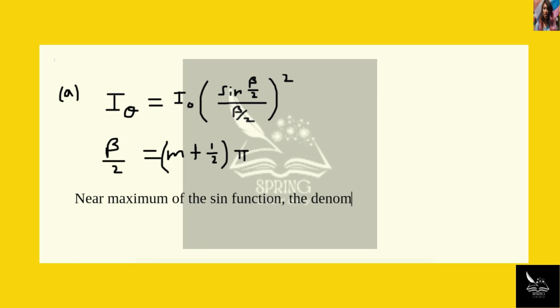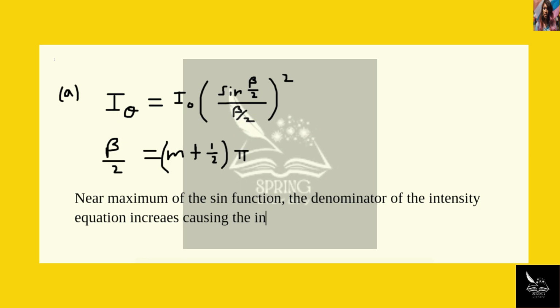So again, let's just go ahead and type out this solution. Near the maximum of the sine function, the denominator of the intensity equation increases, causing the intensity to decrease.